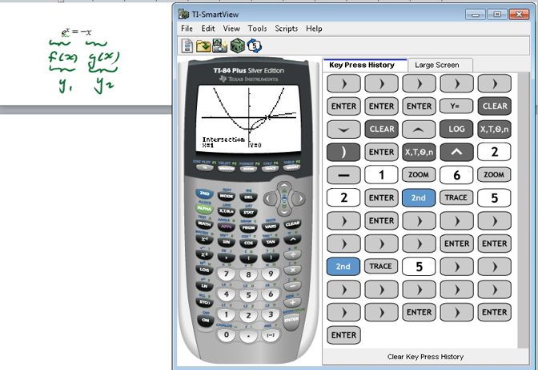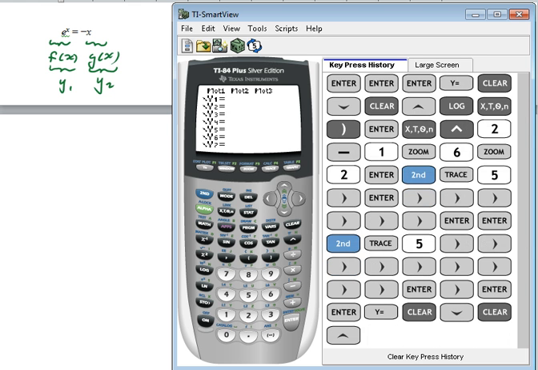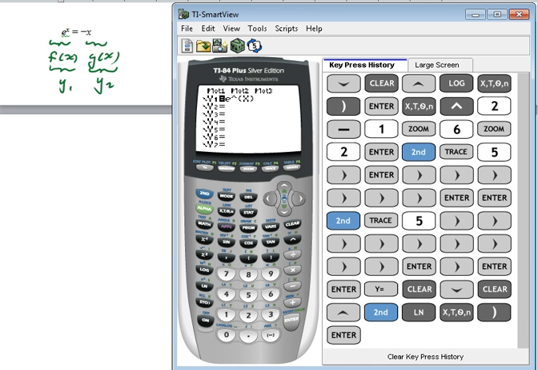So going back to the graphing calculator, back to y equals, clear, down arrow, clear, up arrow. So now I'm going to enter e to the x by doing second natural log x, close the parentheses, hit enter, and the opposite of x.